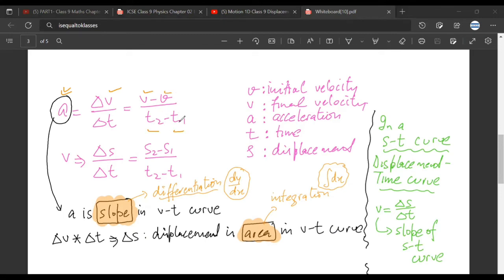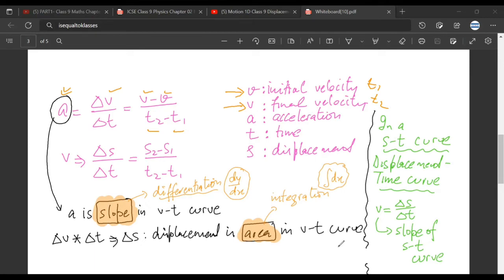Delta v is the change in velocity. The change in velocity is the final velocity minus the initial velocity, where the final velocity is v and the initial velocity is u. t1 is the initial time and t2 is the final time, so t2 minus t1 is the time interval. Are we clear? Yeah.